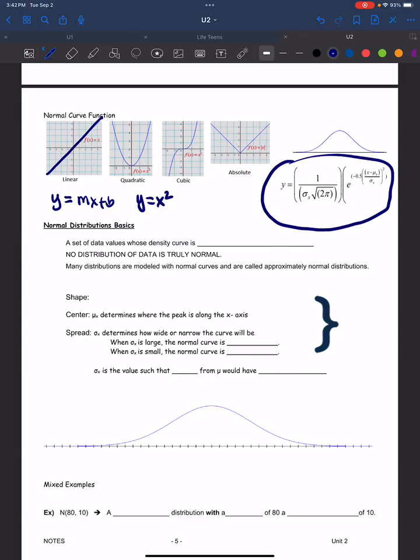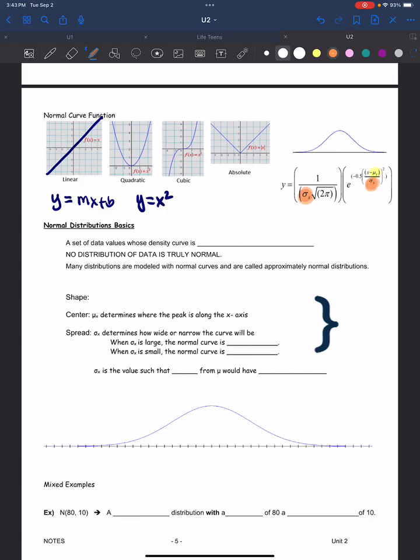It's super ugly and kind of scary looking. And there's only a couple of things that you need to know from there, and we're just going to highlight them. One of the things that you need to note is that the mean is hidden in the formula. It is in this upper portion. And the other thing that you need to know is where the standard deviation is located. It's the bottom of that fraction, off here to the side.